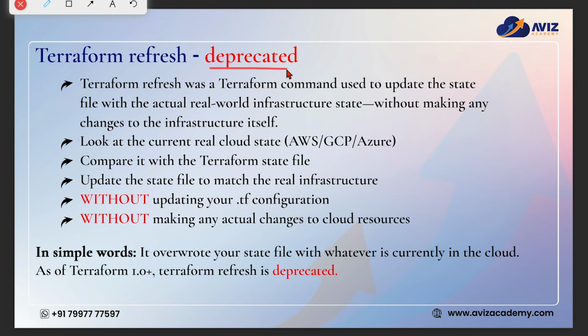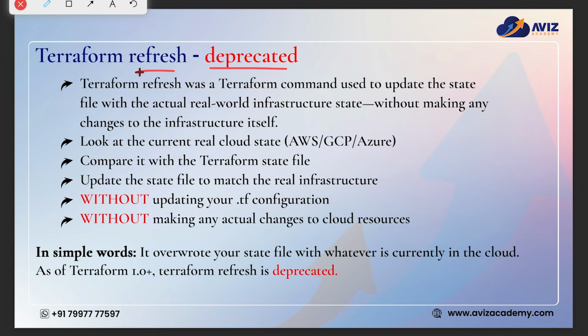Okay, so the reason, right? Whenever we are using this refresh command, it is going to update the state file based on the AWS environment state. For example, I have an EC2 instance in AWS, and if I run this refresh command, my state file is going to update based on the AWS current settings.